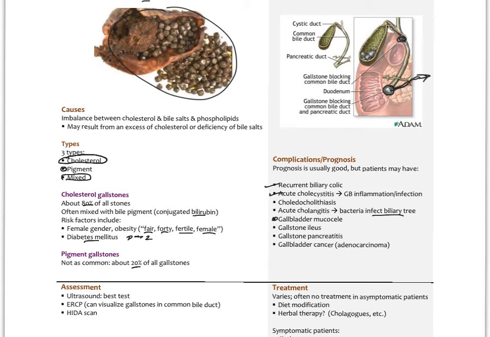Gallbladder ileus, where the motility actually pushes the gallbladder into the duct a little bit and basically stops all motility, so there are no peristaltic waves. Remember, there's smooth muscle all throughout the biliary ducts that should propel bile through. Gallstone pancreatitis, which we already talked about, and then gallbladder cancer, adenocarcinoma, which can chronically occur usually from the chronic inflammation.